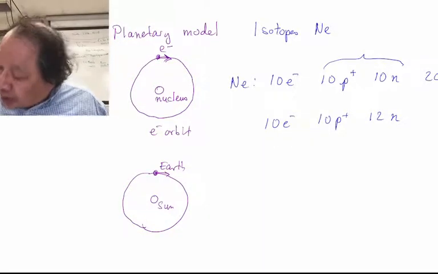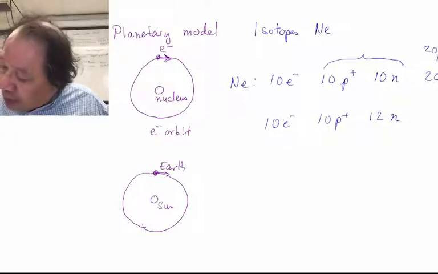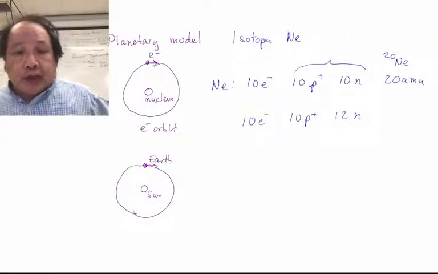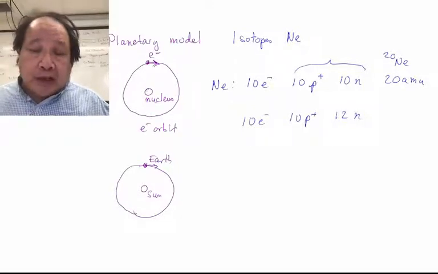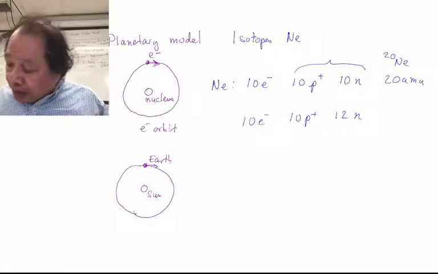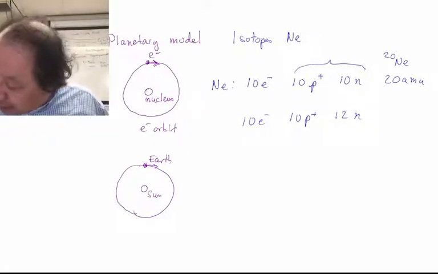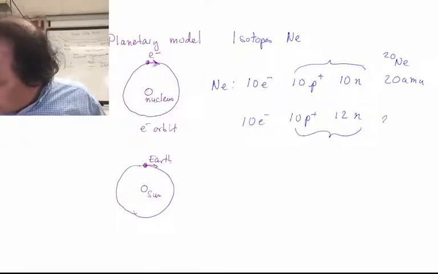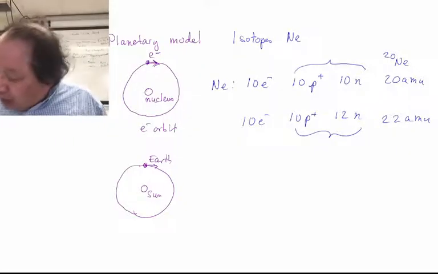And this neon is called neon-20, where we put the 20 in the upper left-hand corner. The other type has 10 protons and 12 neutrons. That's 22 AMU, 10 plus 12 is 22, and this is called neon-22.